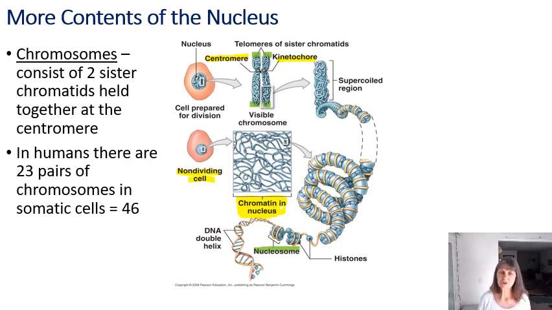In human cells, we have 23 pairs of chromosomes in our somatic cells. Remember, somatic cells are cells of the body that have all of the DNA from both of our parents. They are diploid cells.